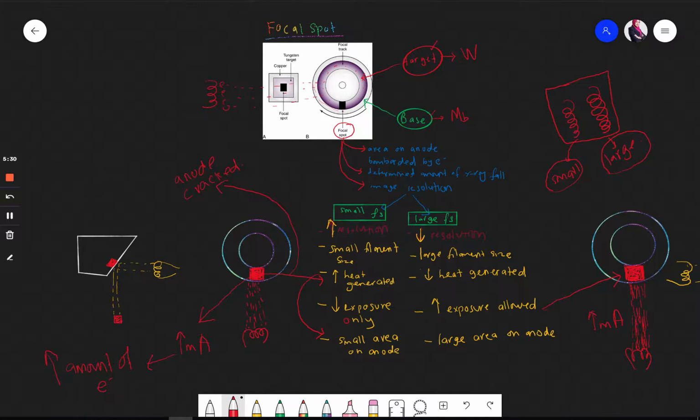Let me take an example. For low exposure, perhaps we can use up to 50 milliamps, whereas for this one, it can go up to 500 milliamps. This is just an example, okay? This is not a true value, just for you to get a brief idea.